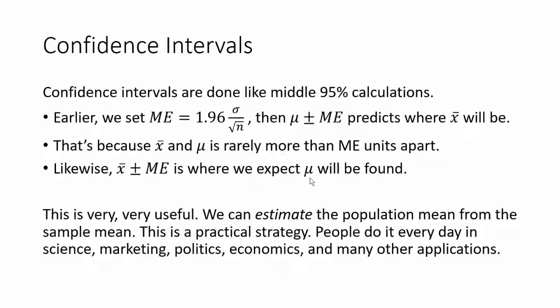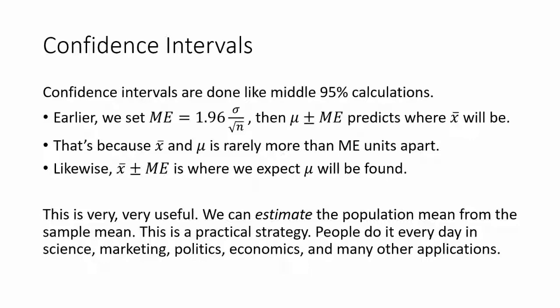And that would be something that's really useful to do. Because as a practical strategy, when we start doing research, we don't know the mean of the whole population. We want to figure out where it probably is. And people do this sort of thing every day in all of the sciences, in marketing, in politics, in economics, and many, many other applications.